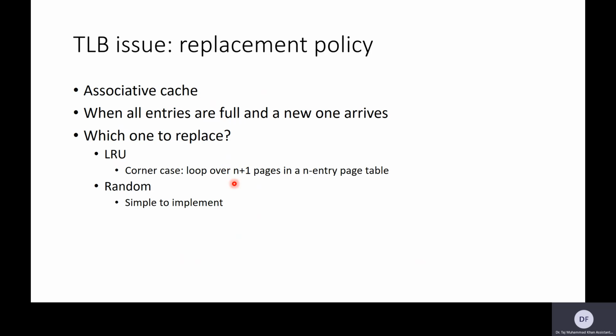Next, when you access the n plus 1th page in the loop, you will have to replace one of the entries in the TLB because all n entries have been filled. So LRU will replace the first entry that you stored in this TLB.